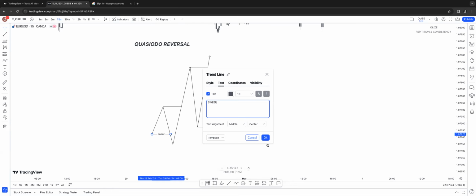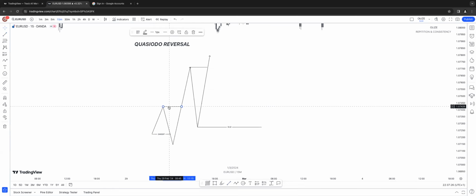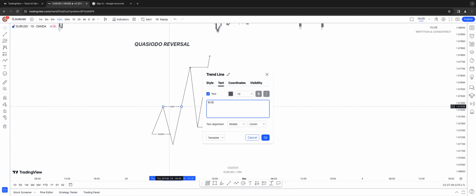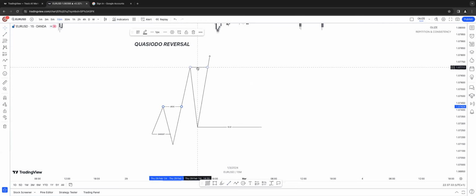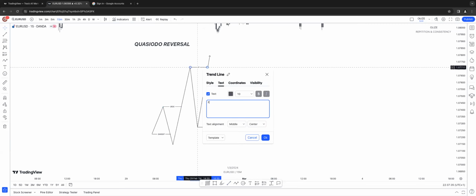This is a sweep and a breaker structure. This zone here is a structural liquidity.